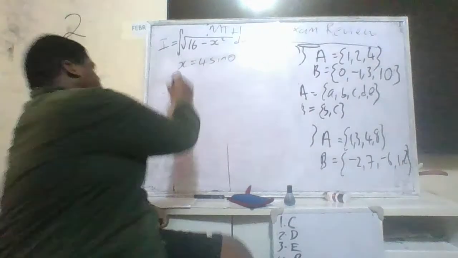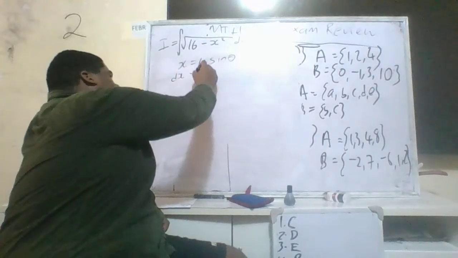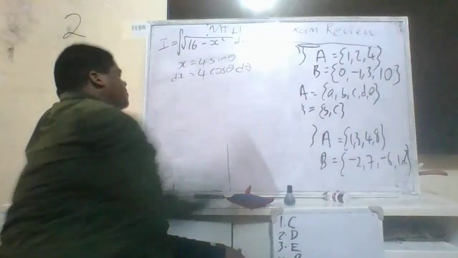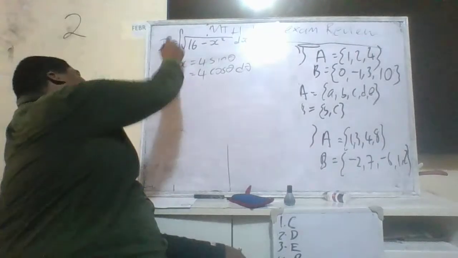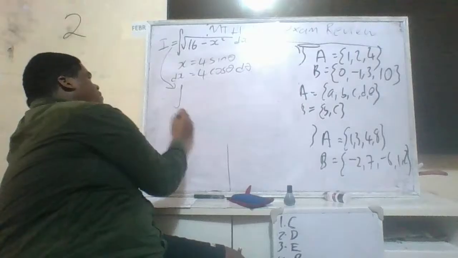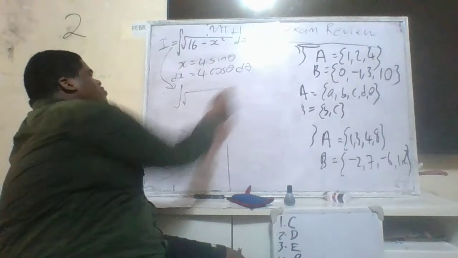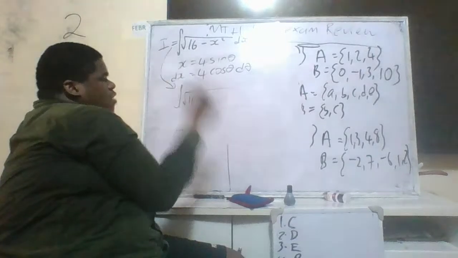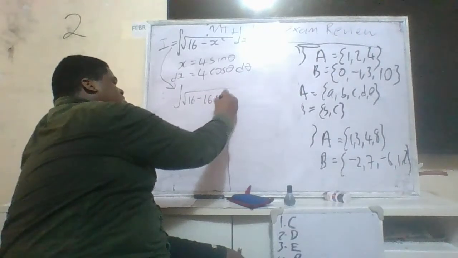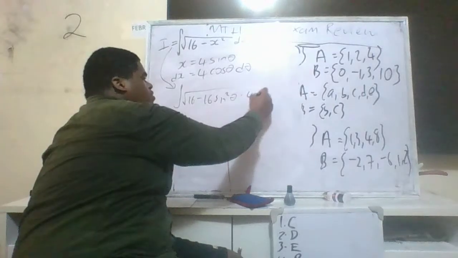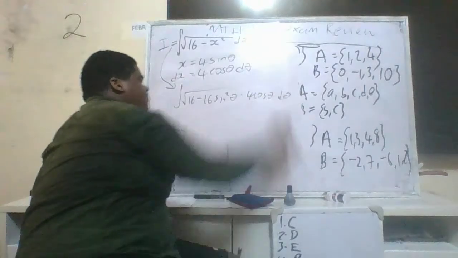What's dx? dx would be equal to 4 cos theta d theta. So now let's apply our trigonometric substitution here. This will be the integral of the square root of 16 minus 4 sine theta all squared, that will be taken as 16 sine square theta, dx is equal to 4 cos theta d theta.